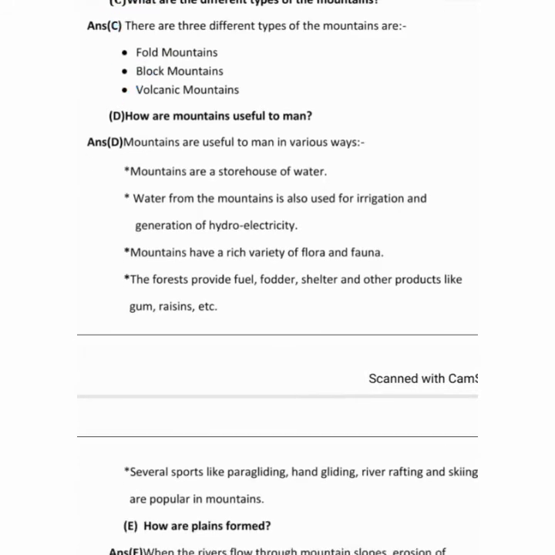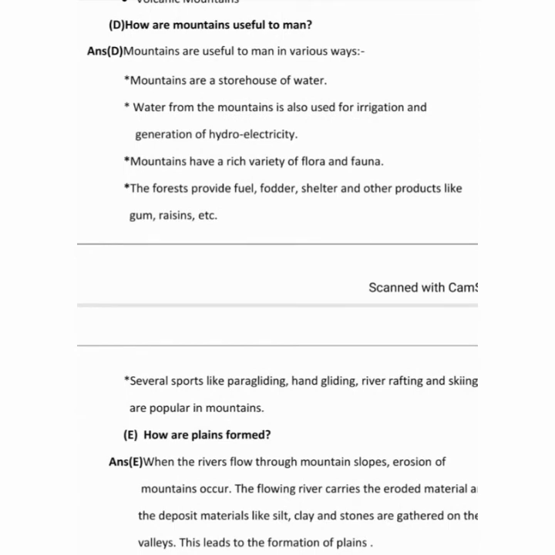Then coming to question D, how are mountains useful to man? Mountains are useful to man in various ways. Mountains are a storehouse of water. Water from mountains is also used for irrigation and generation of hydroelectricity.